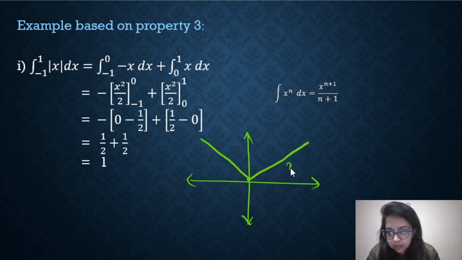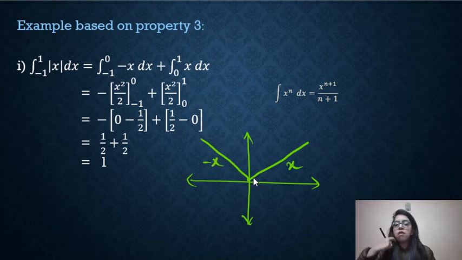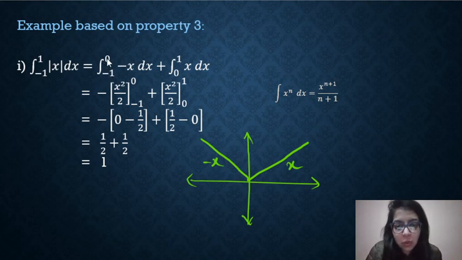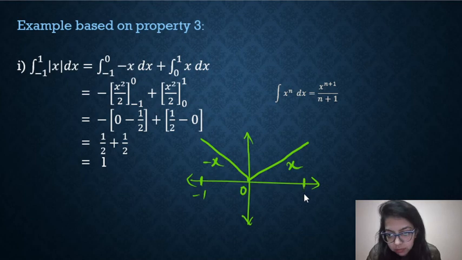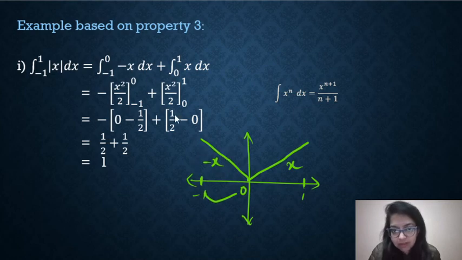This is your x and this is your minus x, and this full graph is your mod of x, correct? So if I take this point as 0 and this point as 1, that is minus 1 to 0 of minus x dx, because the graph is of minus x, plus 0 to 1 of x dx.